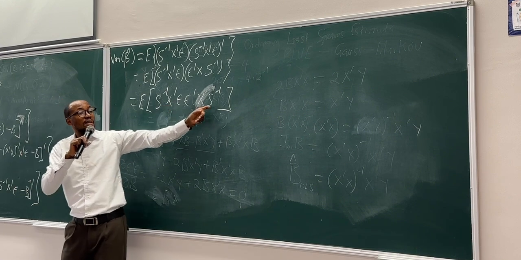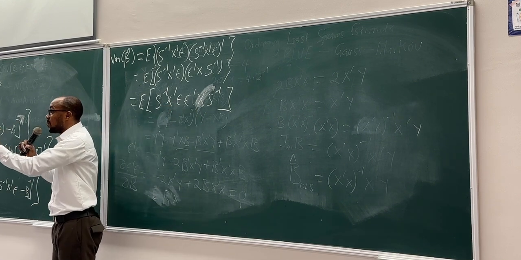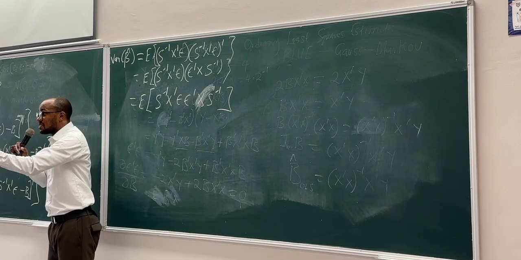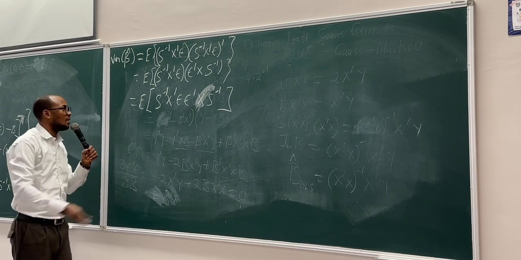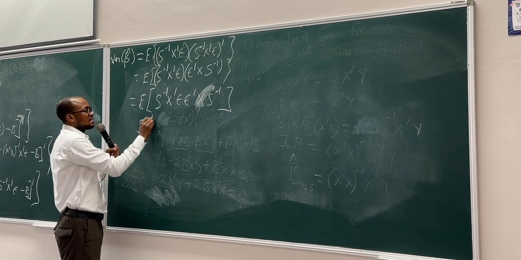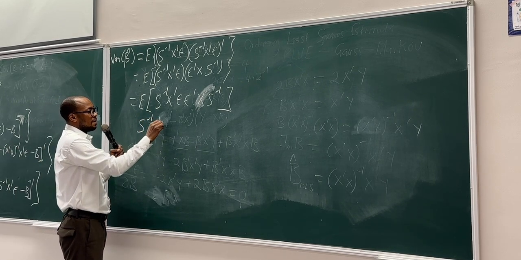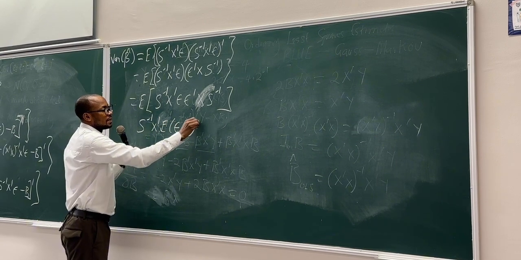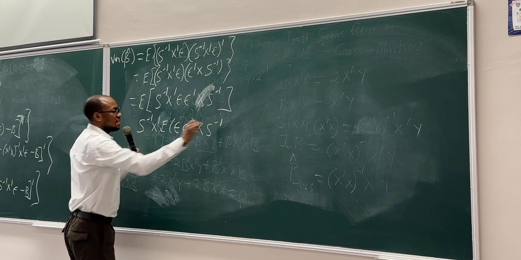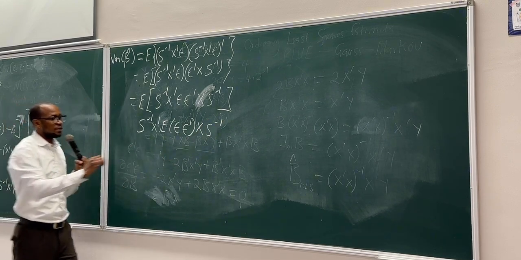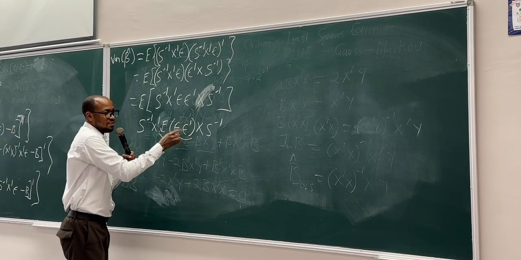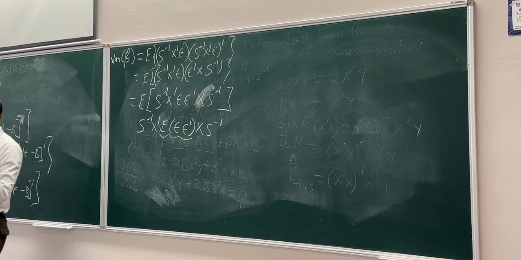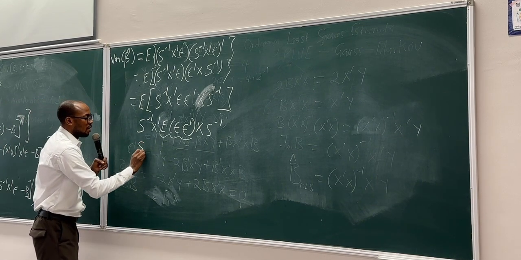X is a constant. So it means the expectation will only affect what? The error term, right? So we're going to have X inverse, X prime, expectation of E and E prime, then X, X inverse. If you remember, we already have a quantity for this in the assumption: sigma squared.